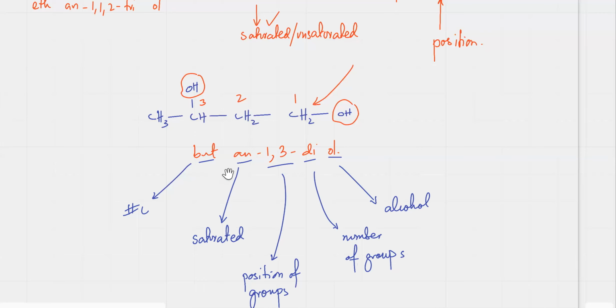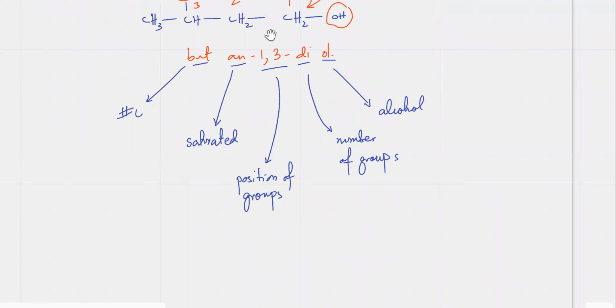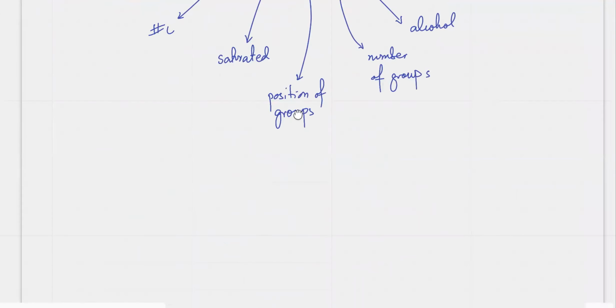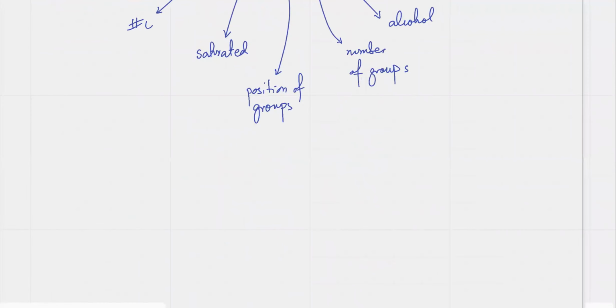Now the next one, I'm going to make it slightly more difficult. I'm going to put in a double bond now. So let's say I have this molecule. 4 carbon atoms. I've got an OH here, I've got an OH here, and I've got a double bond as well.